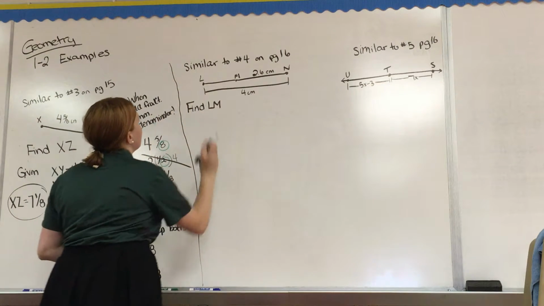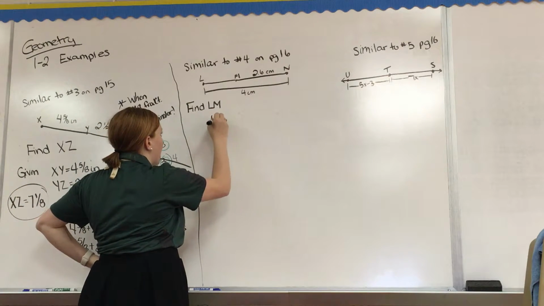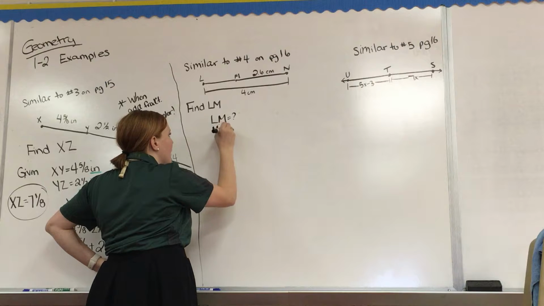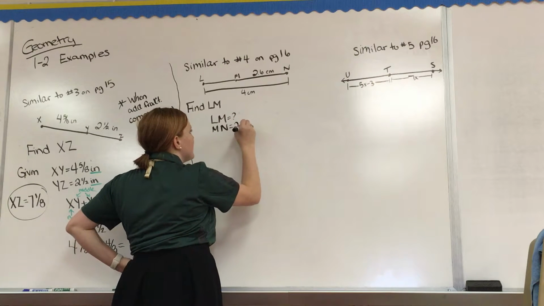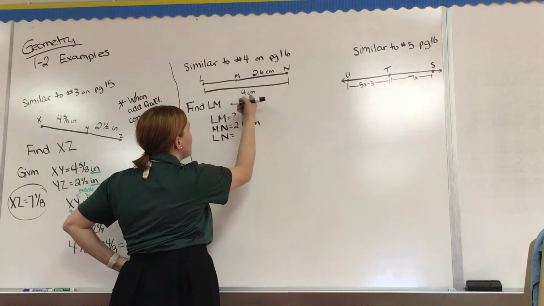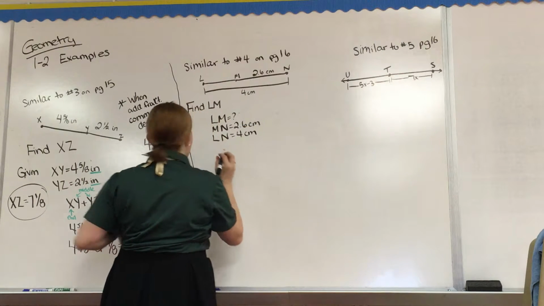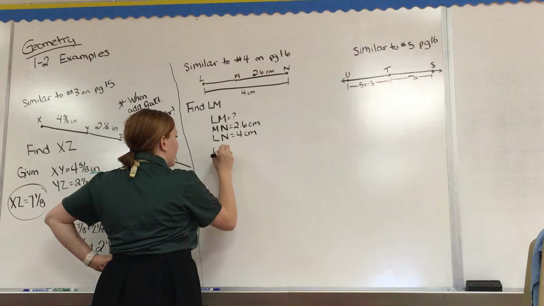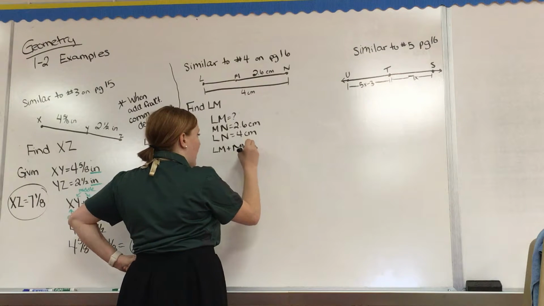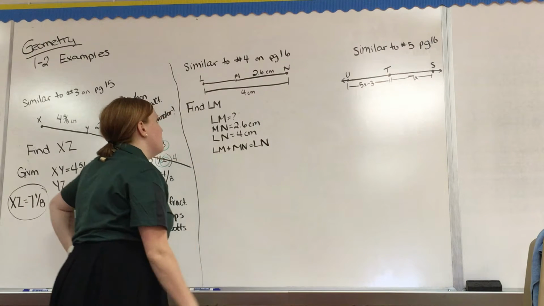Okay, next one, we need to find LM. So we're searching for LM equals question mark. But we have MN, which equals 2.6 centimeters. We also have LN, which is equal to 4 centimeters. Similar to this, we get LM plus another short segment, MN, equals the full segment, LN. We plug and chug.